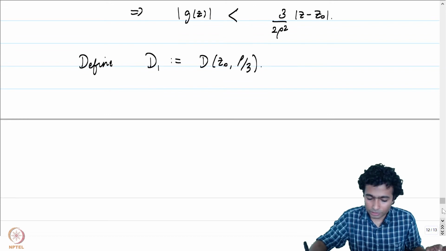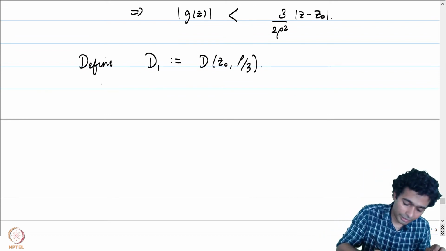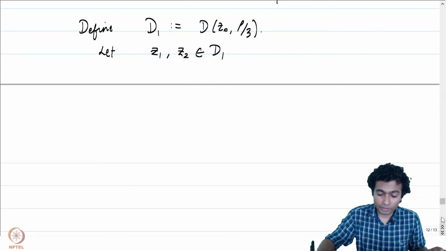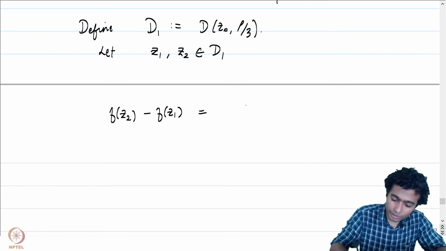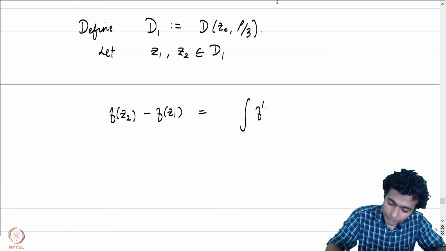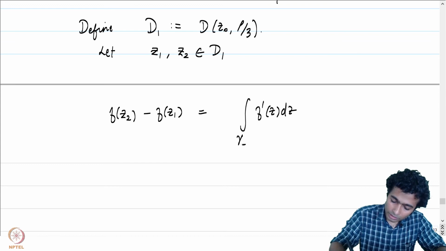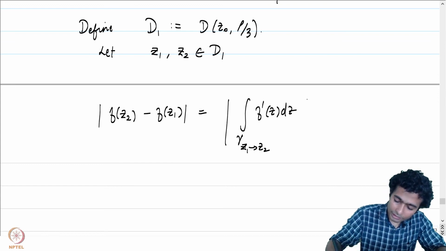And if you observe on D1, let z1 and z2 be two points. Then by the fundamental theorem of calculus, f of z2 minus f of z1 is just going to be equal to the integral of f prime of z dz over gamma, z1 to z2, the straight line path. The absolute value will be like this.